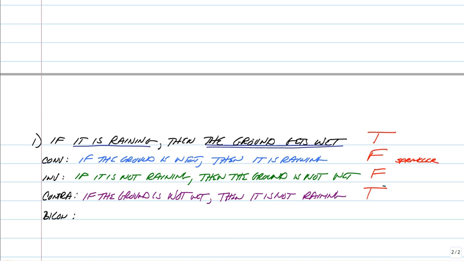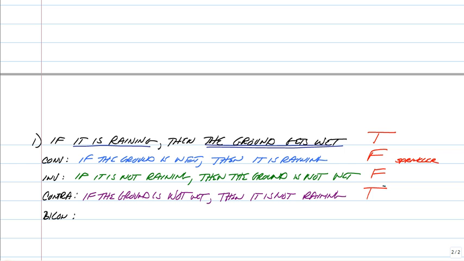So a converse just switches. An inverse doesn't switch the hypothesis and conclusion, it just negates them. And the contrapositive negates and switches the hypothesis and conclusion. And if the original statement is true, then the contrapositive is going to be true. If the converse is true, the inverse will be true as well.